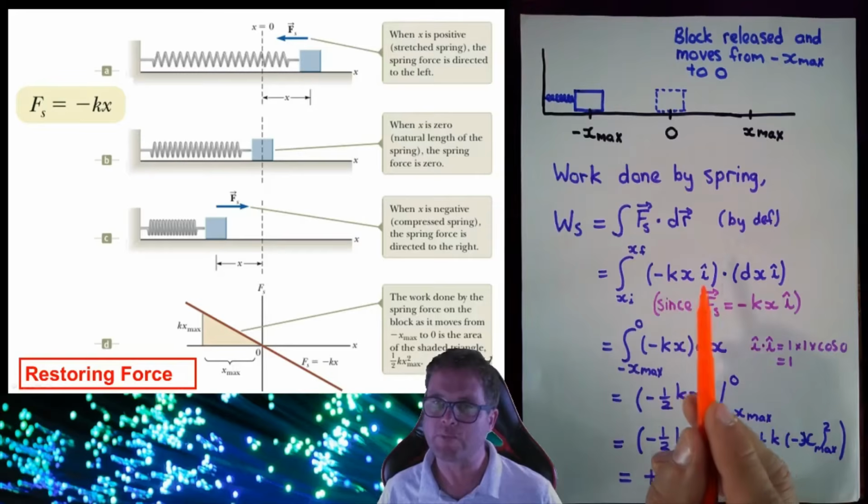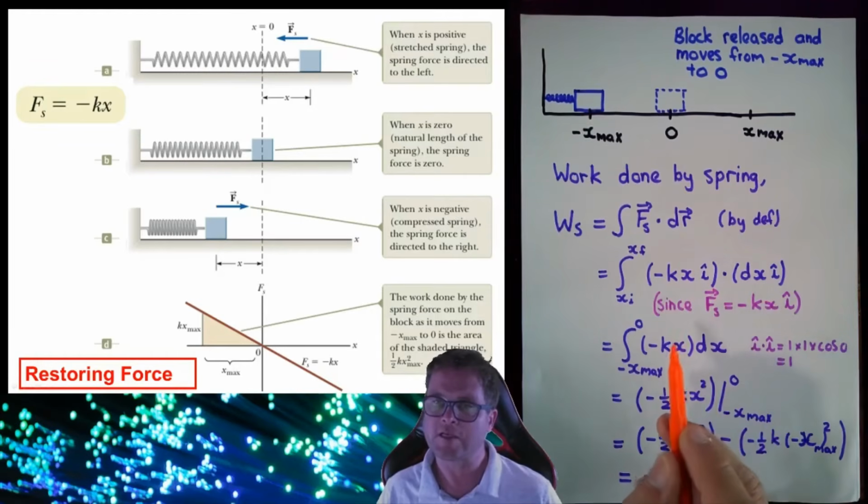So when we compute this dot product, it just comes out to be minus kx dx integrated between these bounds as discussed. When we want to integrate minus kx, the way we do that is we increase the power by 1, so it becomes now 2, and then we divide the minus k by the new power. So that's where this minus half comes from.